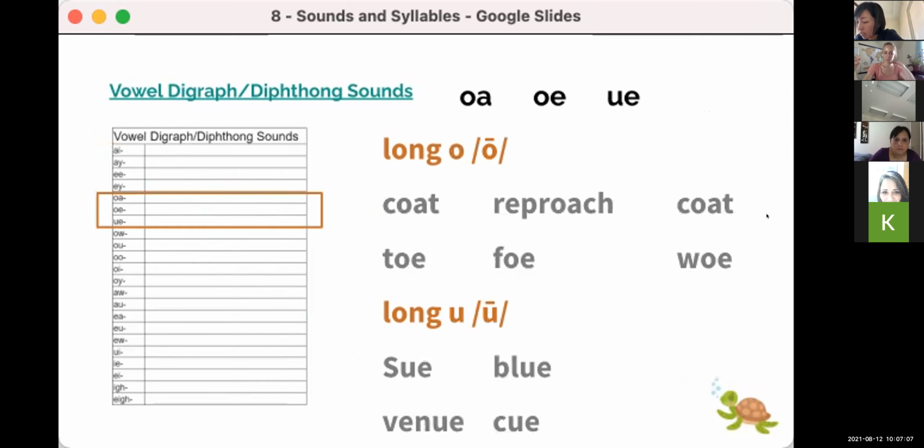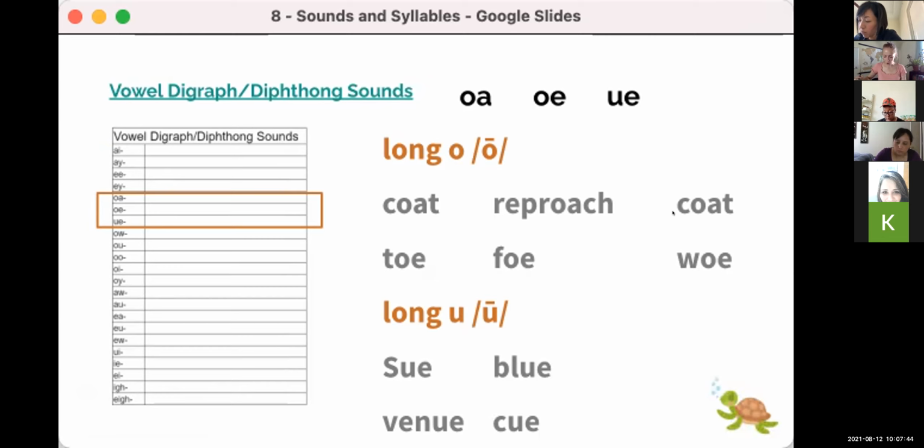Yes. Next, we practice the OA, OE, and UE endings. OA and OE make the long O sound, and UE makes the long U sound. We have the words coat, reproach, coat again. I don't know why I didn't change that.